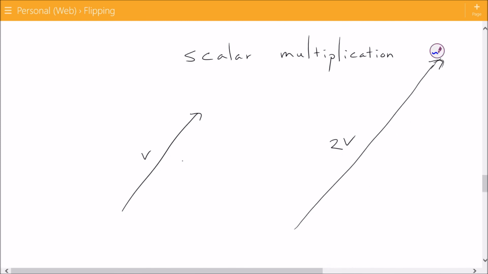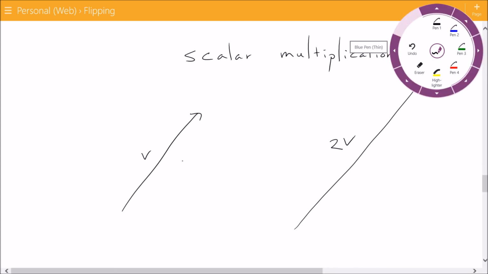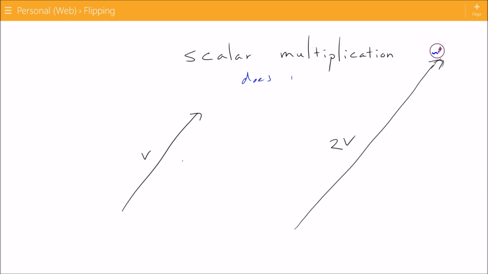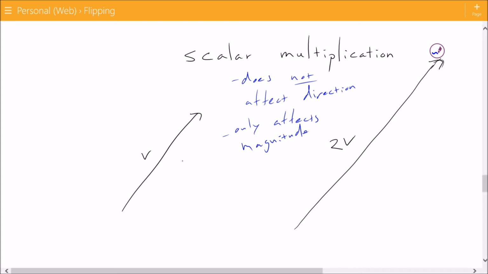One other thing you can do with vectors is you can multiply them through a thing called scalar multiplication. So what this does, it does not affect direction. It only affects the magnitude. And you can see here that if I've got v and I've got 2v, basically I'm doubling the length from v to 2v.